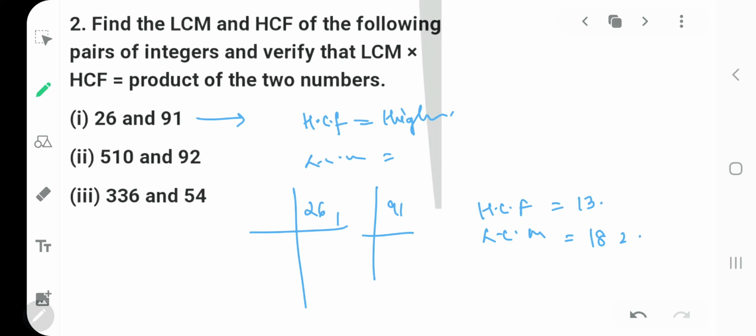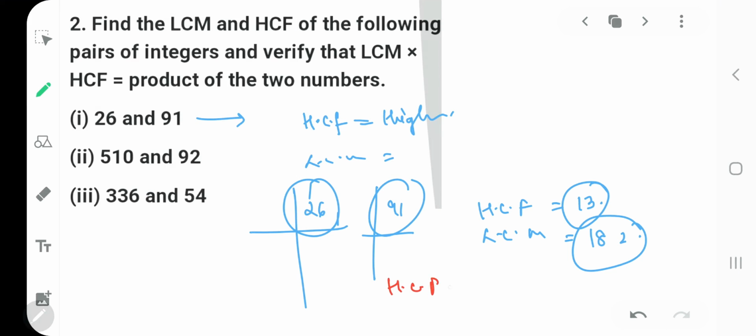Yes, you can find it out, no problem. Now you have to find whether the product of LCM and HCF is equal to the product of two numbers. You have to verify that. So you have HCF in hand, LCM in hand, and the two numbers in hand. You have to take the product of HCF into LCM and find out what number you are getting.